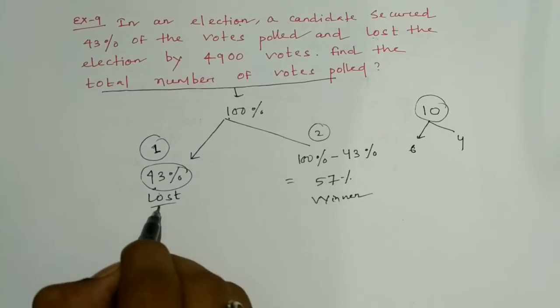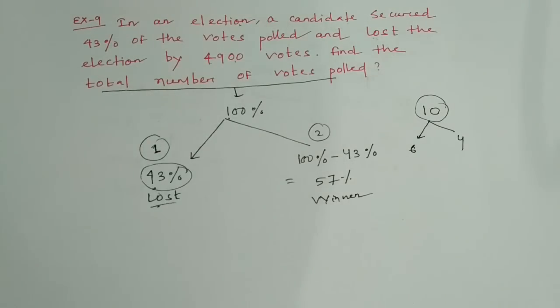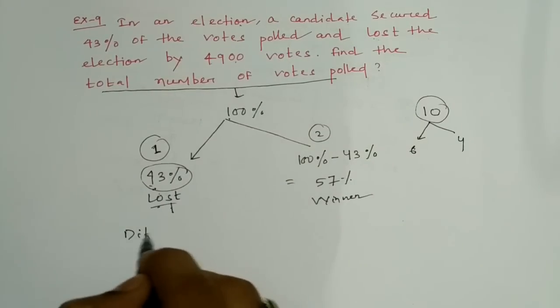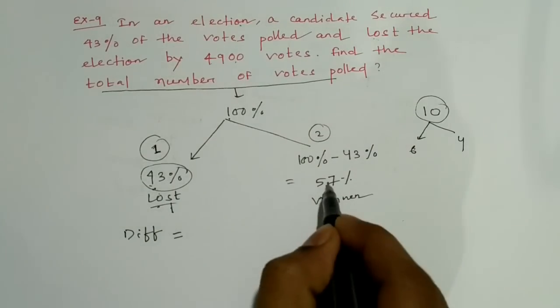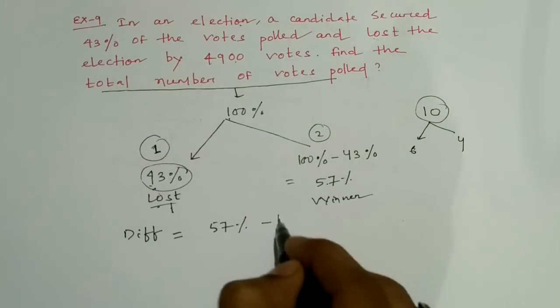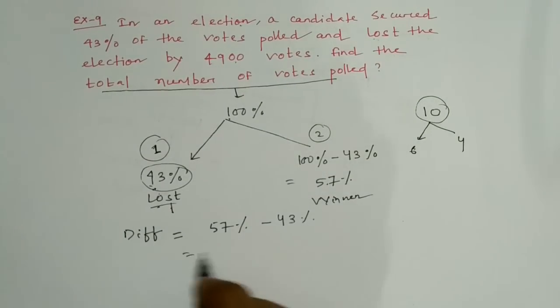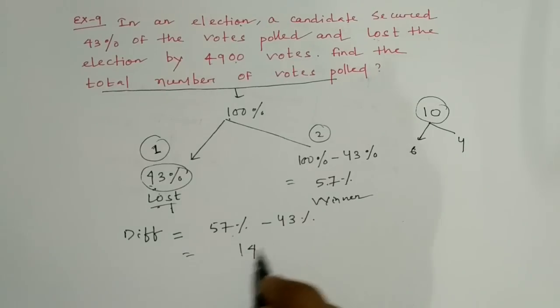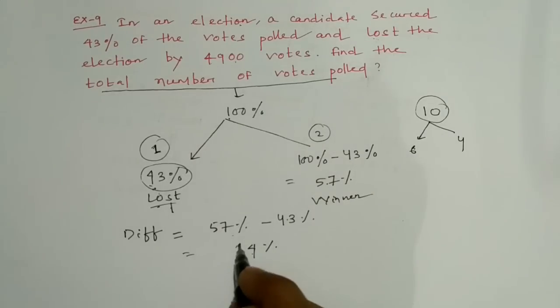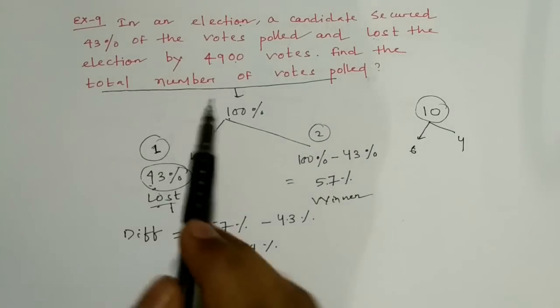So he lost by 4900 votes. By what percentage did he lose? The difference will be the winner percentage minus the loser percentage, that is 57 minus 43. 7 minus 3 is 4, 5 minus 4 is 1. So the difference is 14%.